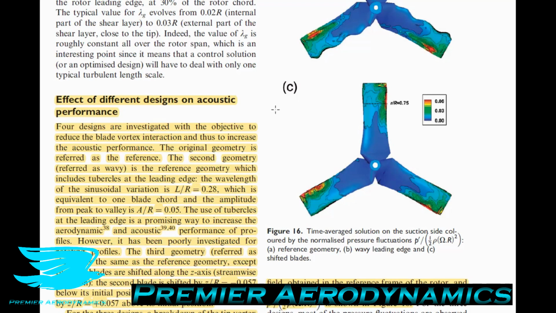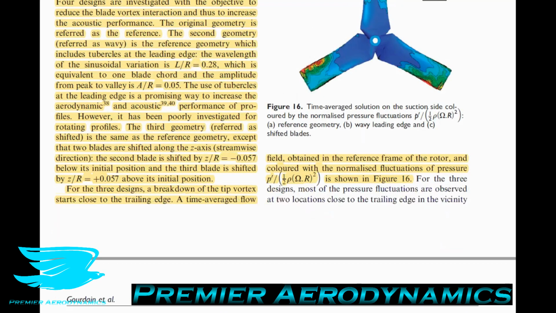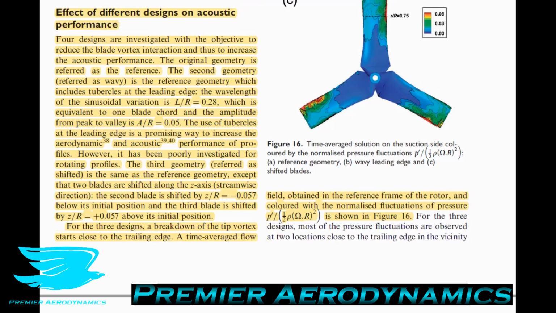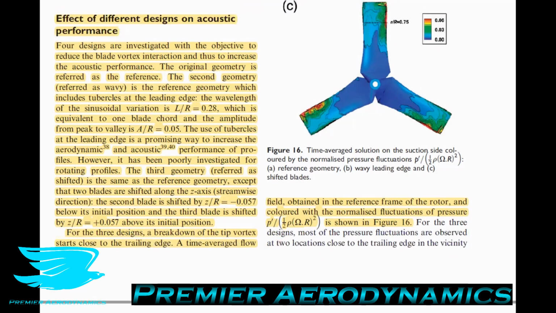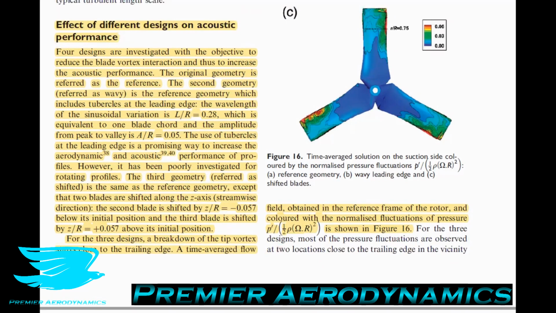Four designs are investigated with the objective to reduce the blade-vortex interaction and thus to increase the acoustic performance. The original geometry is referred to as the reference. The second geometry, referred to as wavy, is the reference geometry, which includes tubercles at the leading edge. Tubercles are a really cool flow control device, which I've done a lot of research on, and they're effectively just bumps on the leading edge of an airfoil.